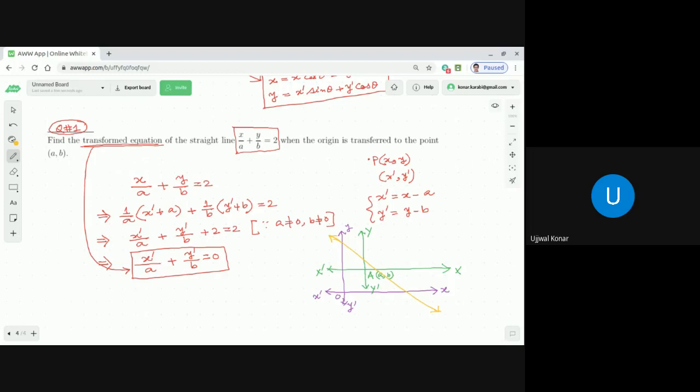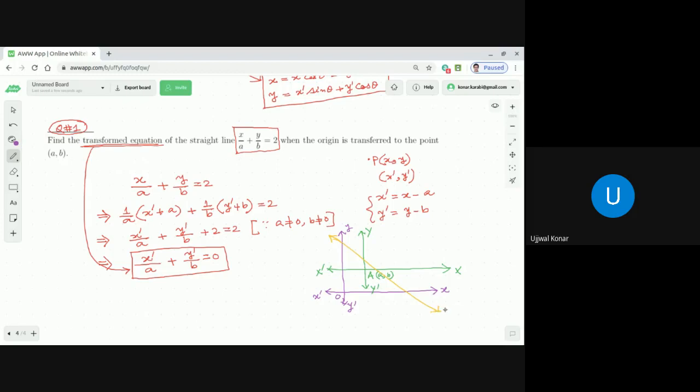With respect to the previous coordinate axis, its equation was x by a plus y by b equal to 2. I use the same color as the coordinate axis.